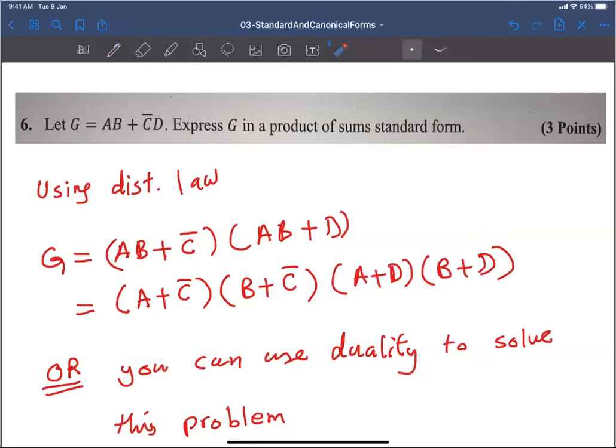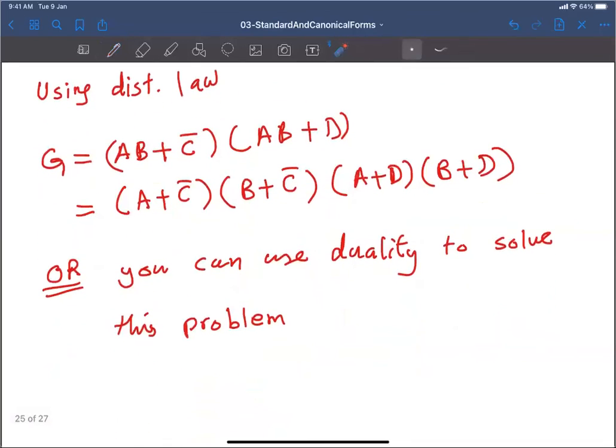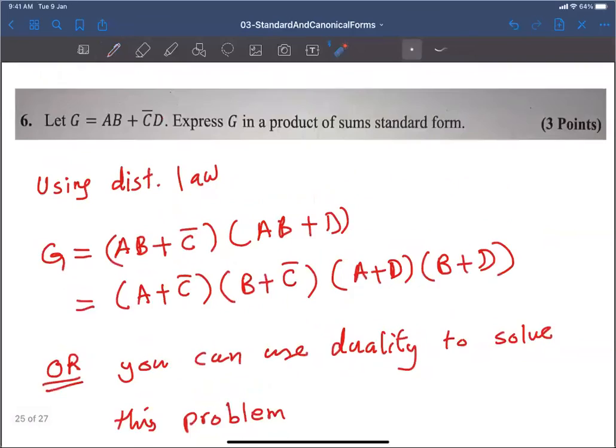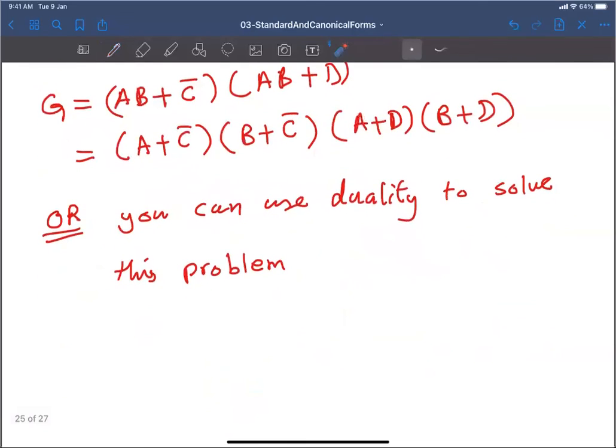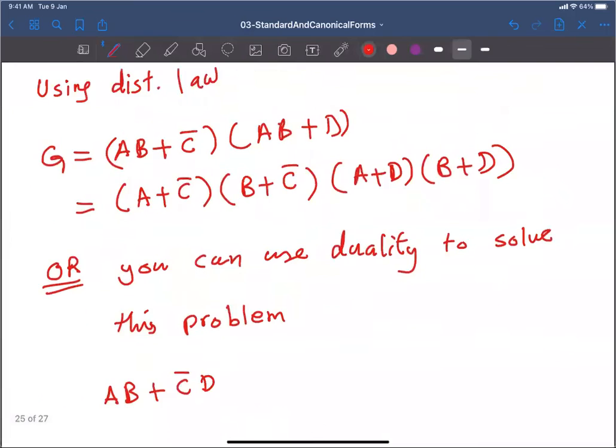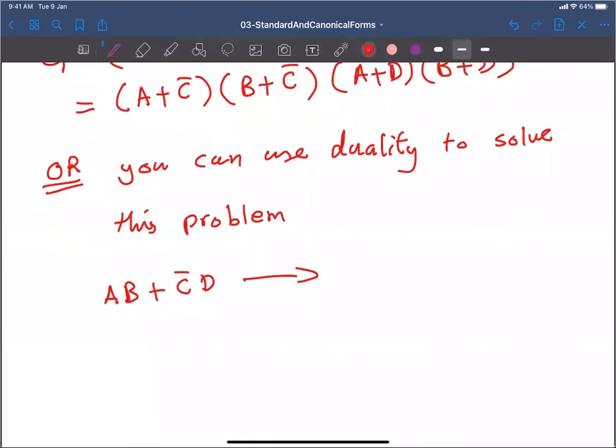The second solution is to take the dual of G. G is AB ORed with C complement D. So the dual of this is A or B, ANDed with C complement or D. Then use the distributive law again, so no getting away from the distributive law.